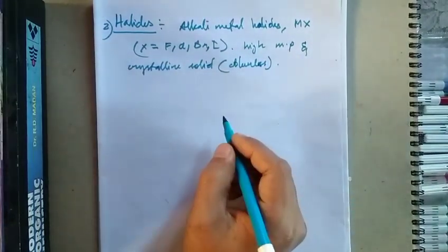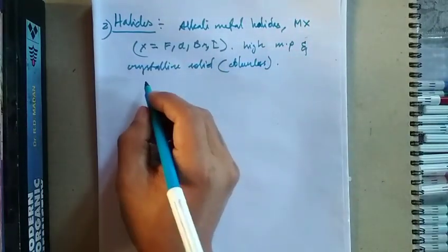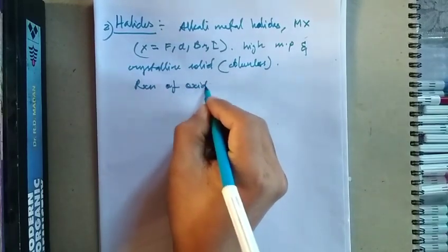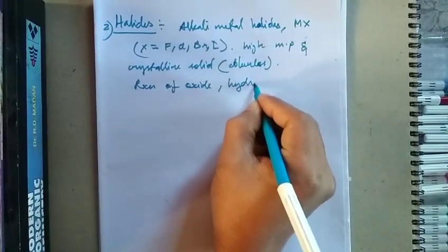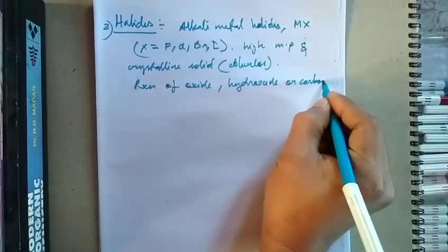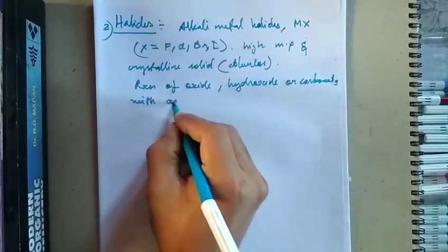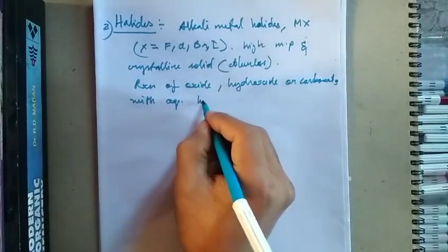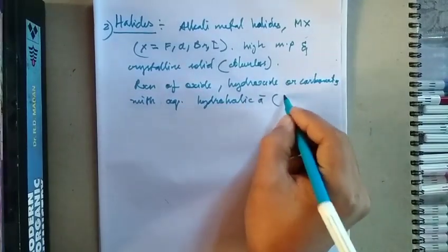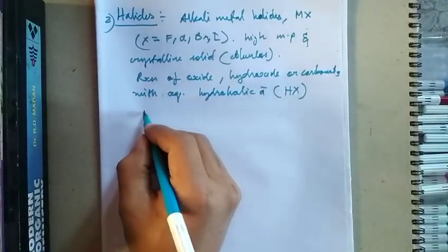These alkali metal halides are prepared by reaction of oxide, hydroxide, or carbonate with aqueous hydrohalic acid, symbol HX. Let's see two examples.